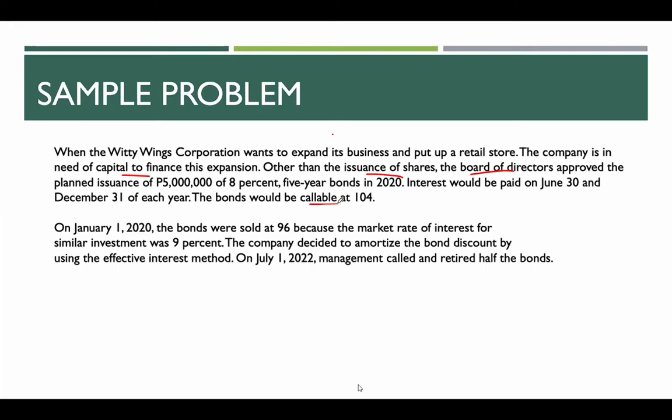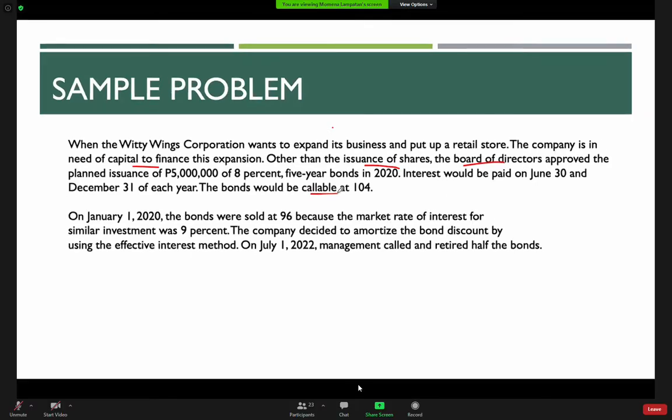Yun ay kung yung corporation ang magko-call or magre-retire before maturity. Okay? Pero kung yung holder ang pwedeng mag-retire ng bond, ibig sabihin pwede niyang dalhin kay corporation and pabayaran na niya although hindi pa maturity date, ang tawag doon is putable instrument.